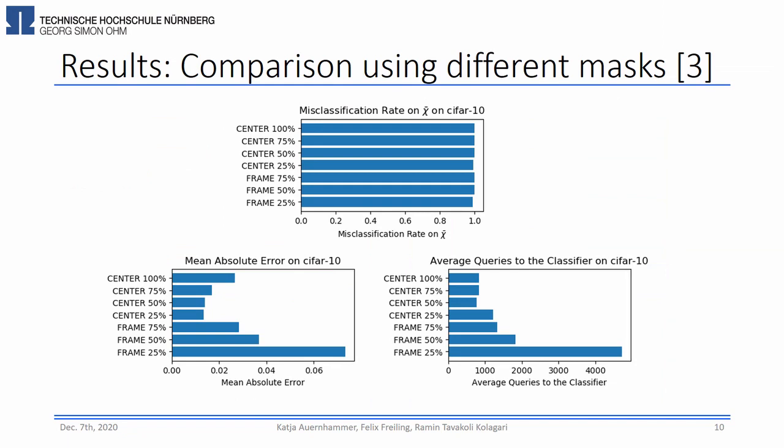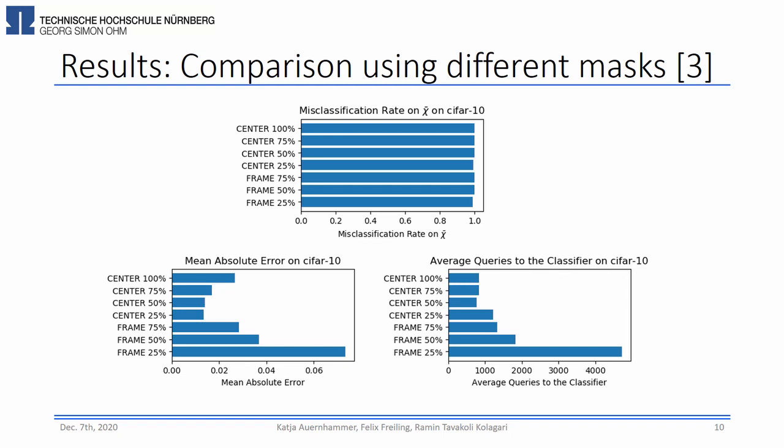And our experiments then result in the following. On CIFAR-10, we have almost no difference in the misclassification rate. There is a slightly worse misclassification rate for center 25% and frame 25% masks, but overall it stays pretty close. The center 100% mask is the normal image. There is no restriction in the search space.